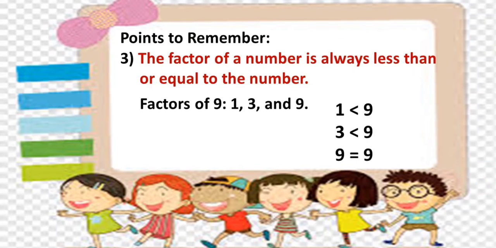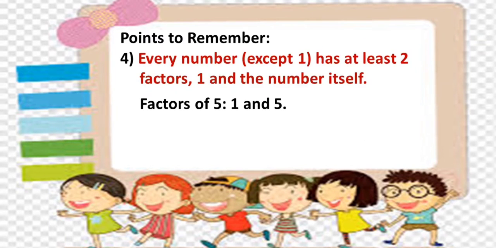So, 1 is less than 9, 3 is less than 9, and 9 is equal to 9. I hope you can remember and understand the third point.